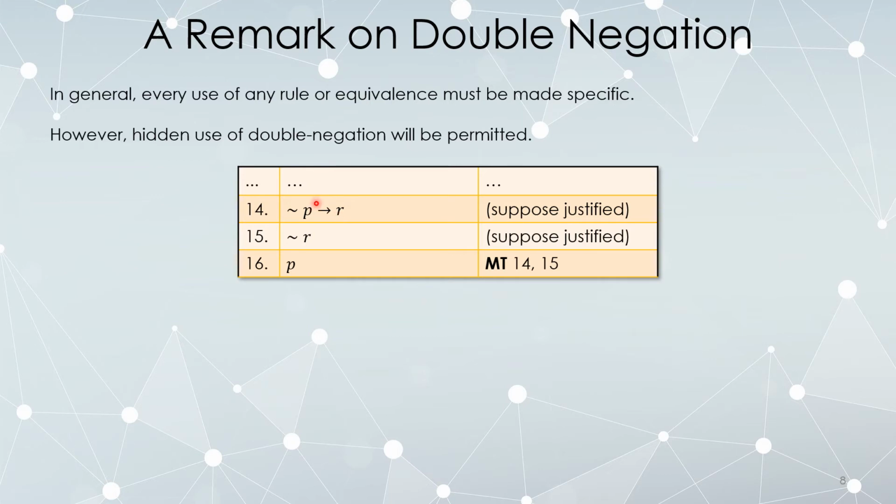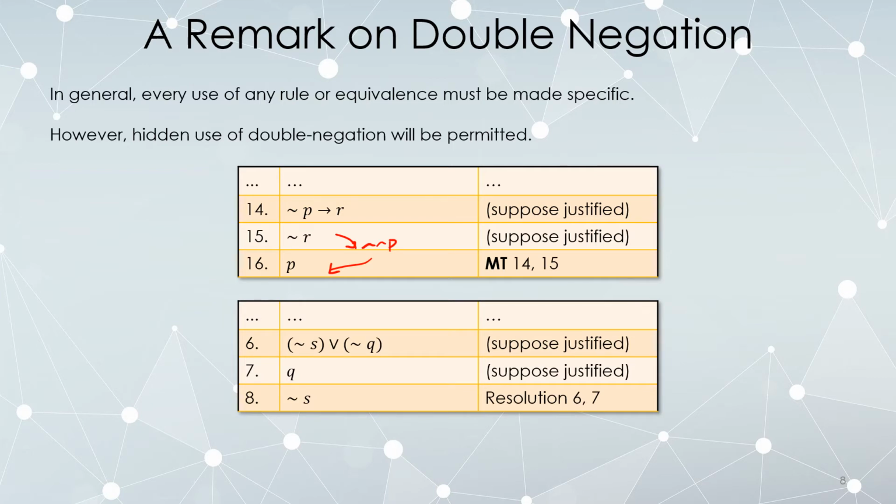Well, if you apply modus tollens to a conditional statement and the negation of its conclusion, what do you get out? The negation of its hypothesis. Very strictly speaking, that would be not not P. But we know that not not P is equivalent to P. So rather than give a new line of not not P and then go to P, we just say, look, double negation is a very simple step, and we're not going to bother doing it as its own line when it pops out of things like modus tollens. So this is okay.